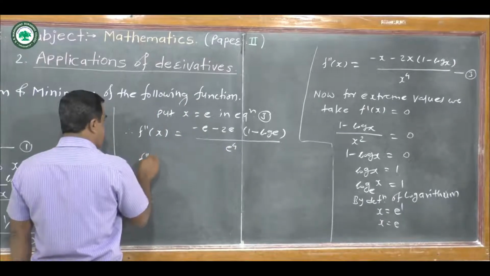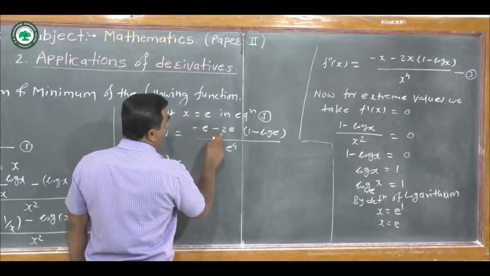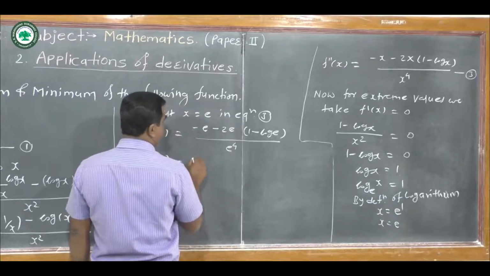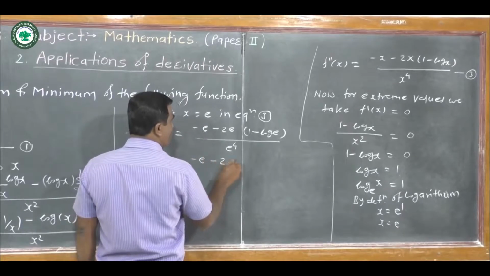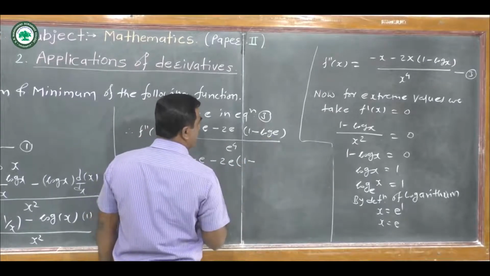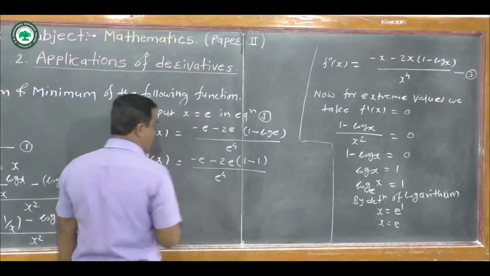That is f double dash of x equal to minus e minus 2e into in bracket 1 minus log e, which is 1, upon e raised to 4.